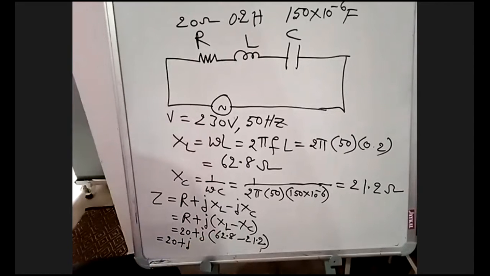62.8 minus this one. The unit of Z is ohms.